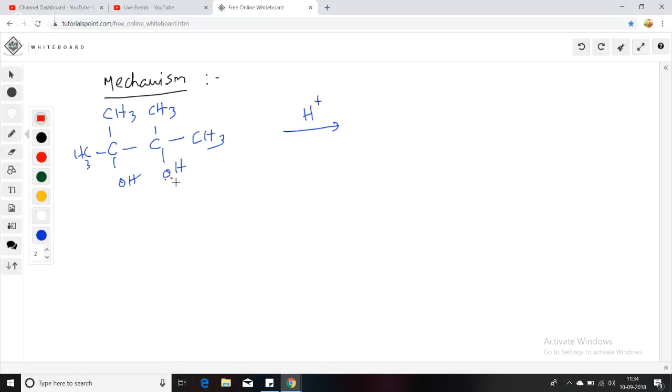Suppose this lone pair I'm considering. This comes over here and it gives you this as the product: C, CH3, CH3, OH2 positive on it, CH3, CH3, OH will be as it is.